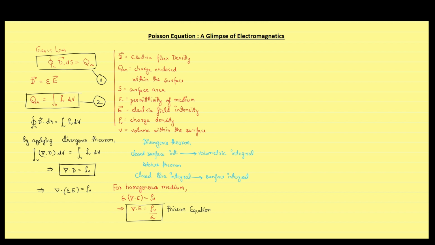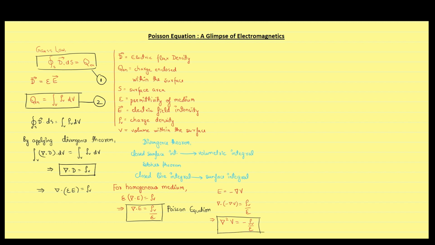However, we can also write Poisson equation in terms of potential difference. We know that electric field intensity is equal to negative of gradient of electric potential at the point. And if we replace it, then this is also the Poisson equation.